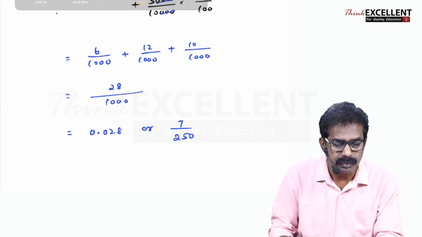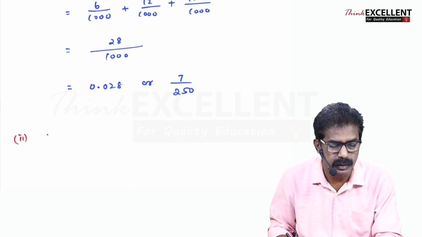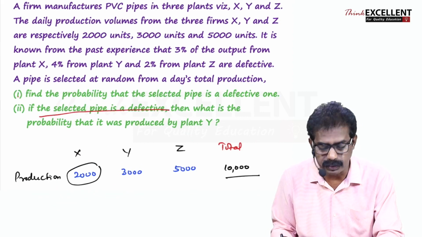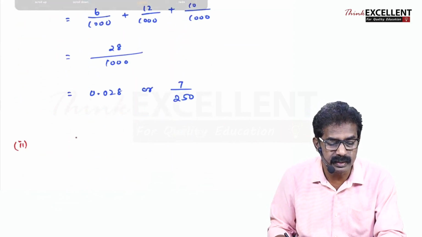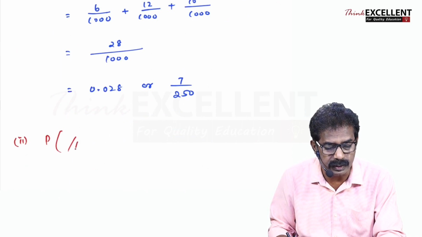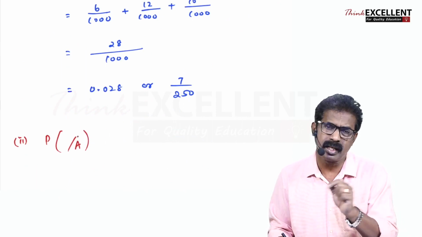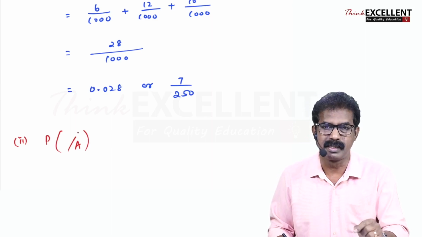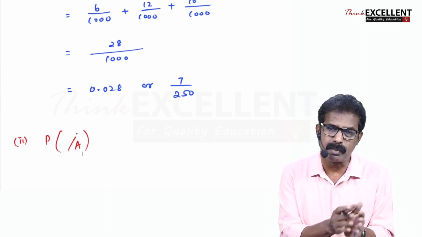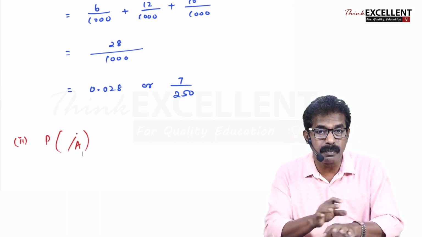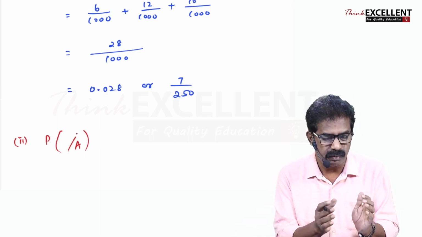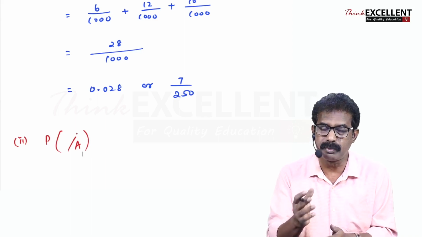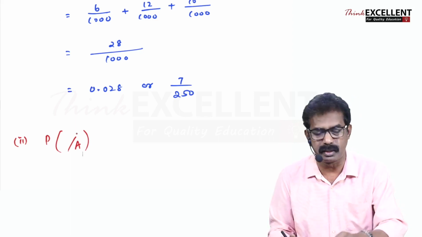Now see the second subdivision. See what they asked in the second one. If the selected pipe is defective, it is a given condition. Then what question can they ask? What's the probability it was produced by plant X or plant Y or plant Z? Among those 3 they ask any one. What do you do? Denominator, the total probability, you write everything. If plant X, you write the first term in the numerator, plant Y, second term in the numerator, plant Z means write the third term in the numerator, right?